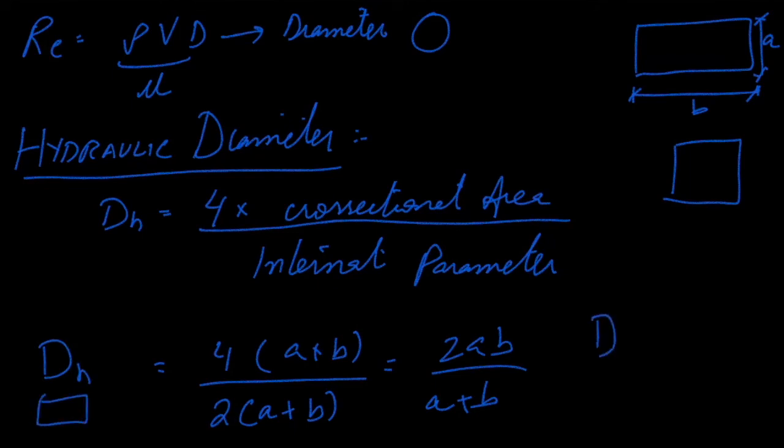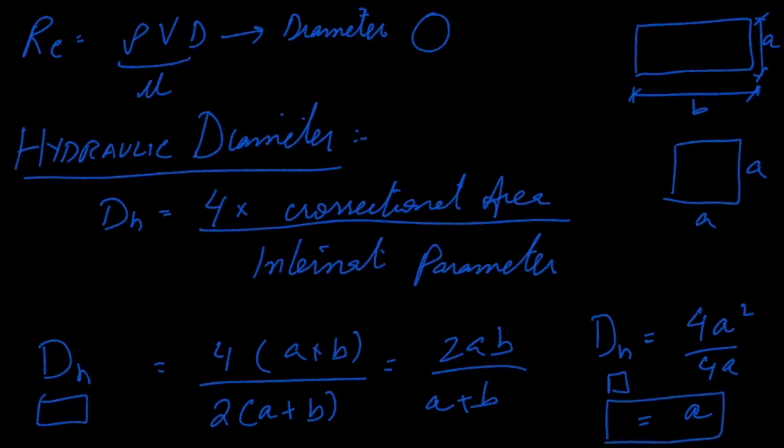If we talk about the hydraulic diameter for a square, with sides A and A, 4 times the area is 4A squared divided by the perimeter 4A, so the hydraulic diameter comes out to be A. Remember that the Reynolds number depends on the diameter or hydraulic diameter.